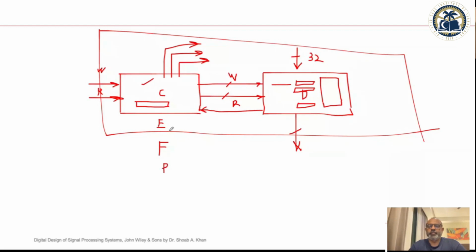If FIFO is empty and there is a read request, I must generate an underflow condition, an underflow flag, and must not read anything. So once anybody who is using this sees there is an underflow flag, he will understand that I have asserted a read where there is nothing in the FIFO, because usually somebody else is writing in the FIFO.